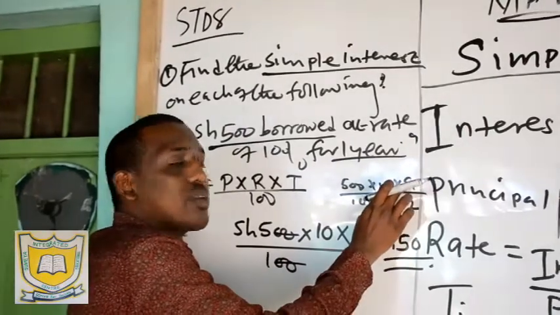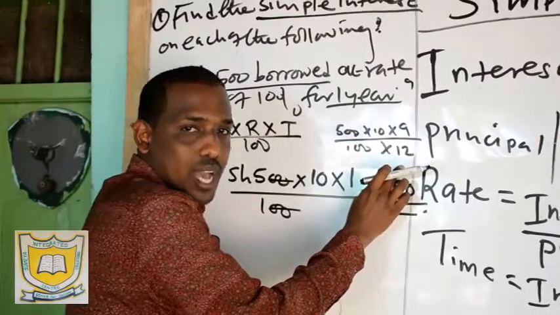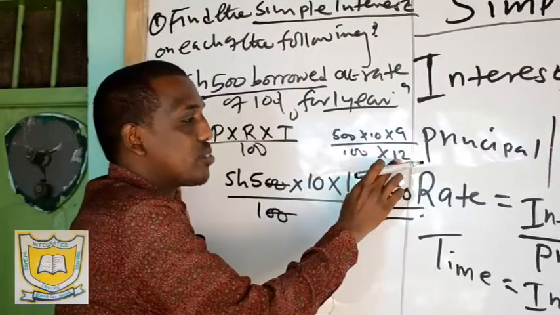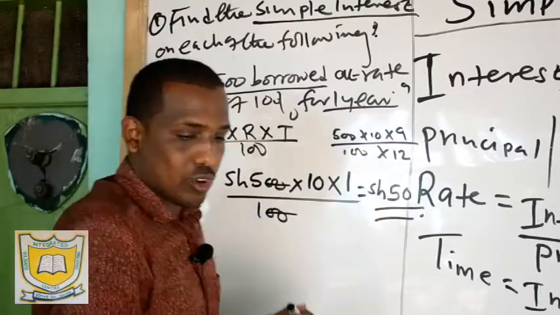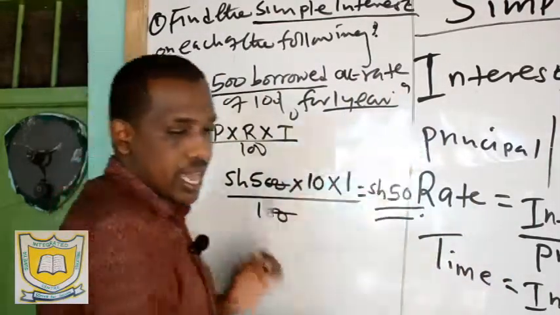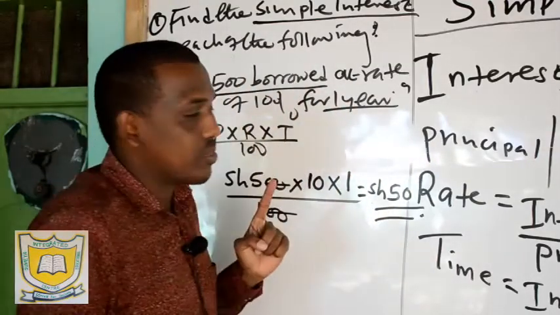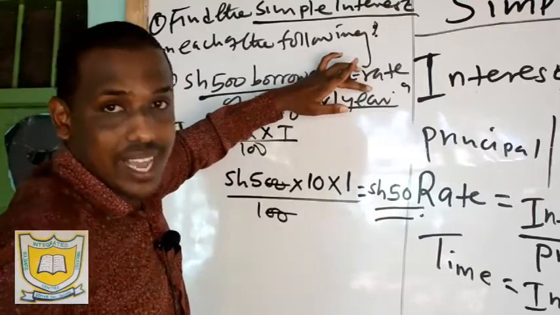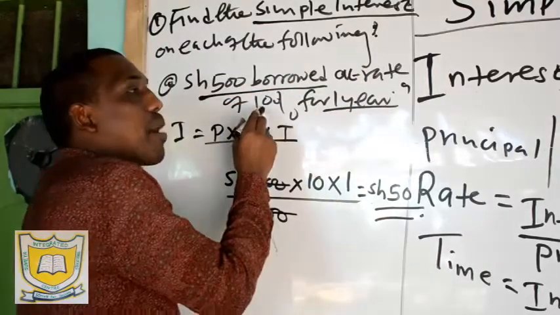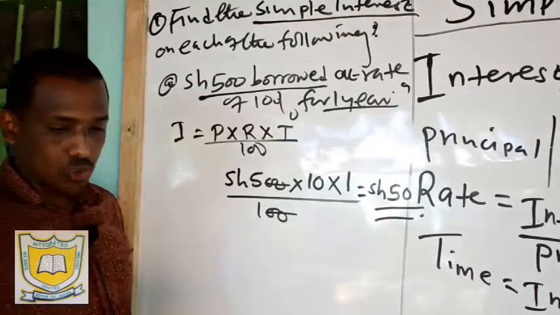Whenever you are given months, you divide by 12. But here the time is already in years. If the rate is per annum, the time must be in years. But if the rate is per month, the time should be in months. That is how we solve that one. Question B.